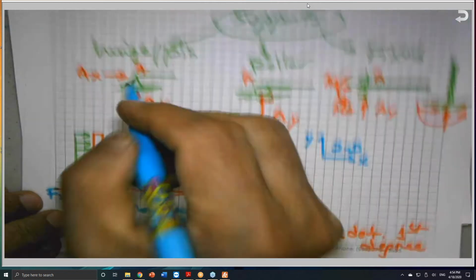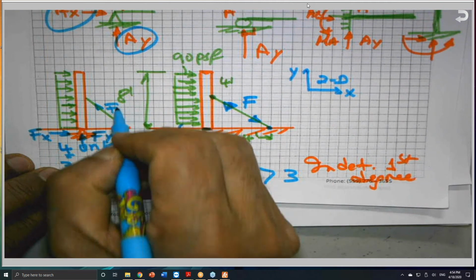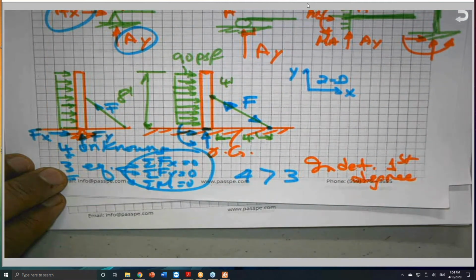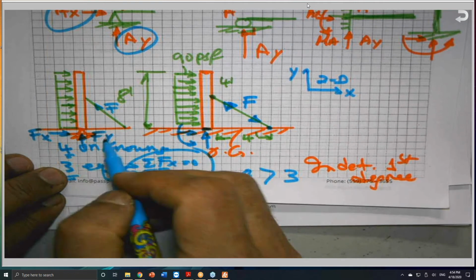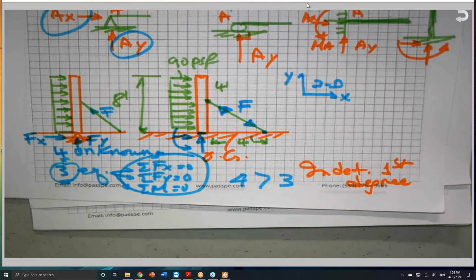Here it is, A sub y, one in the y direction, one in the x direction. And I have the force along the brace, F or B or T, whatever you like to call it. So right now I have 1, 2, 3, three unknowns, three equations. Bingo. It is solvable. So it is statically determinate, and I can solve it by applying the equations of equilibrium.